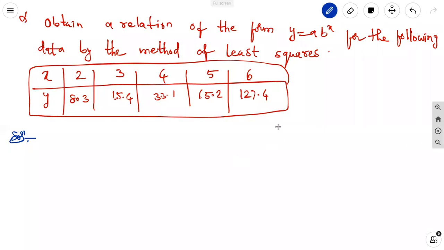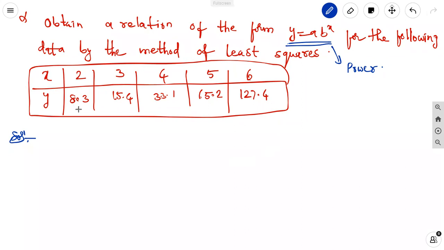Let us discuss a problem on the relation of the form y equal to a b power x, which is nothing but the power form of curve fitting by the method of least squares. For the following data, x values are 2, 3, 4, 5, 6.